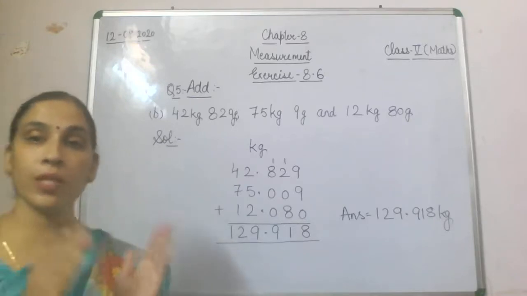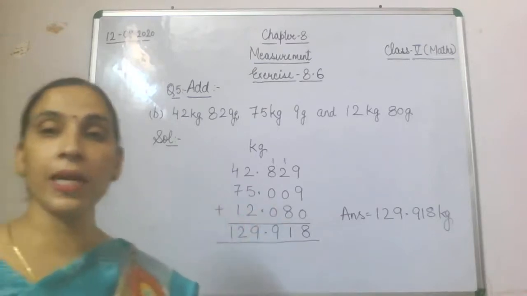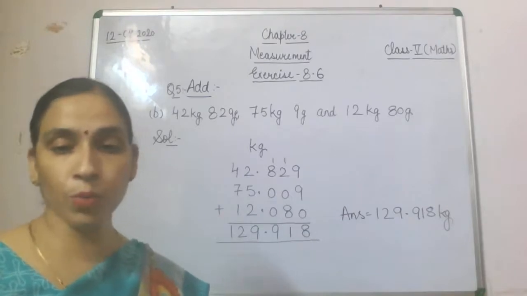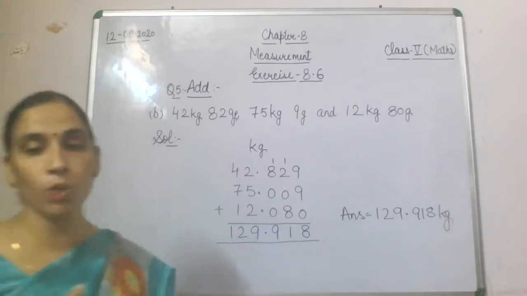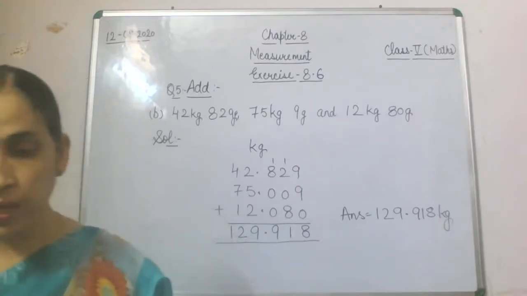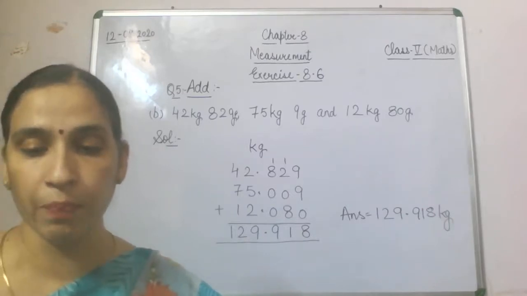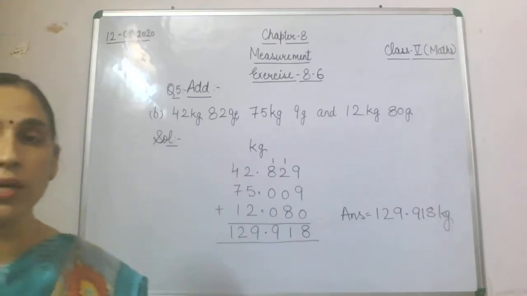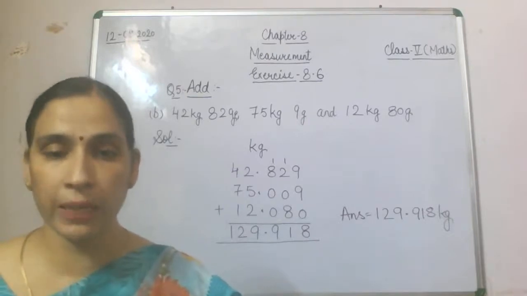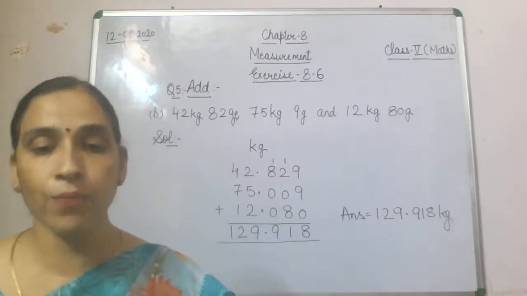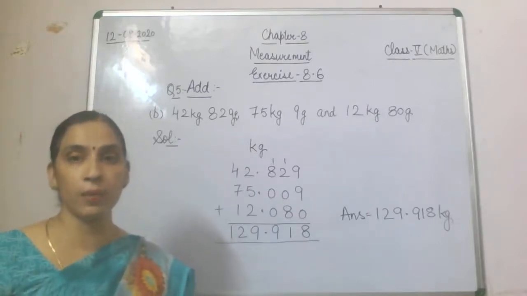You can only subtract the smaller from the bigger. You cannot subtract bigger from smaller. So you have been given example 2 in your book. Subtract 14 kg 539 gram from 26 kg 243 gram. So 26 kg 243 gram can be written like this: 26.243, minus 14 kg 539 gram, and then you will keep on doing the subtraction.